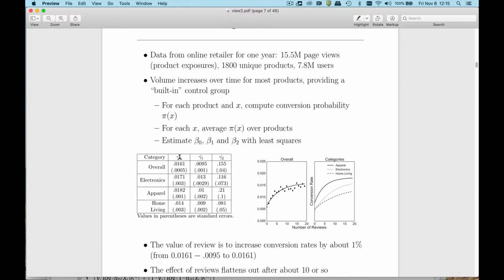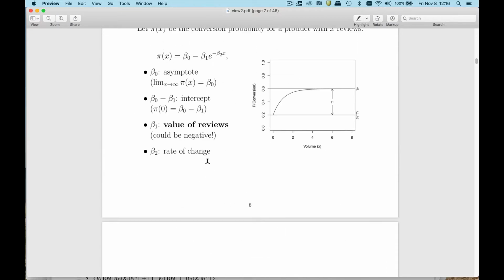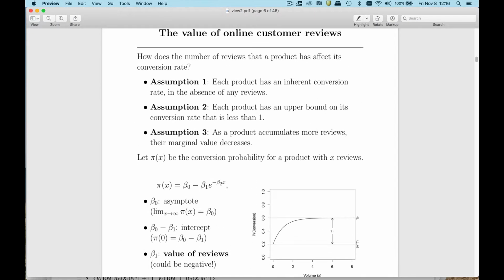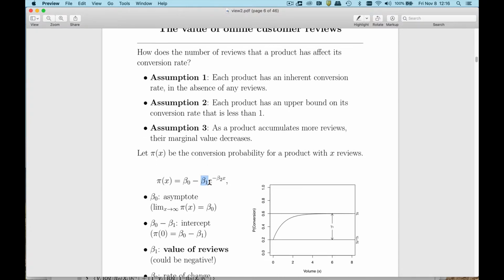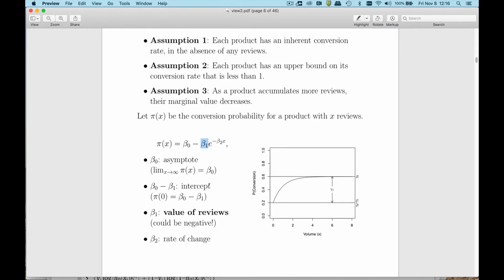Now, if you remember, this first parameter is the asymptote. So there's an asymptote at a conversion rate of 1.6%. So 1.6% of people who view your product end up converting on this particular site. And you're going to remember that gamma 1, let's go back to this, I got to make sure I got this right. Gamma 1 in this case is the difference between the asymptote and the intercept.